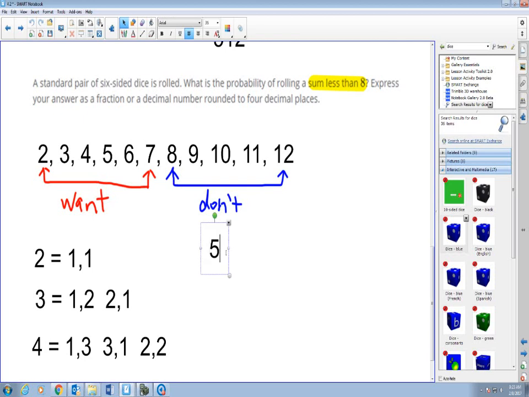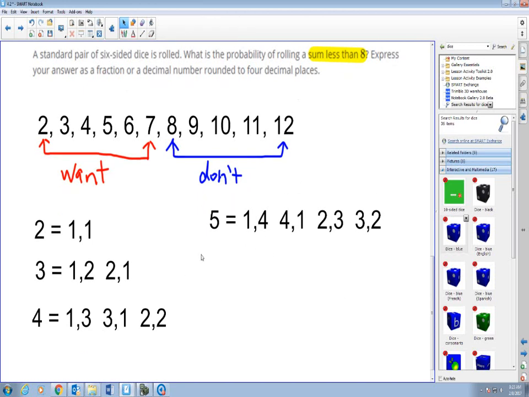I can potentially roll a 1 with the 4, and then the other die will have a 4 first and a 1 next. Then I can do a 2 with the 3, and then a 3 with the 2. Alright, so there's 4 ways.